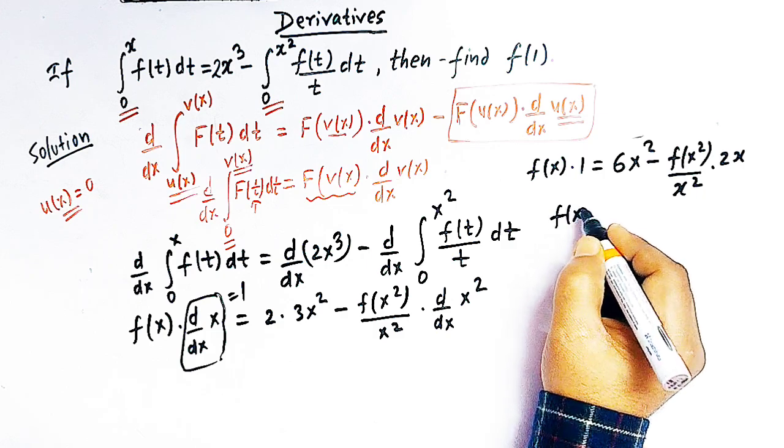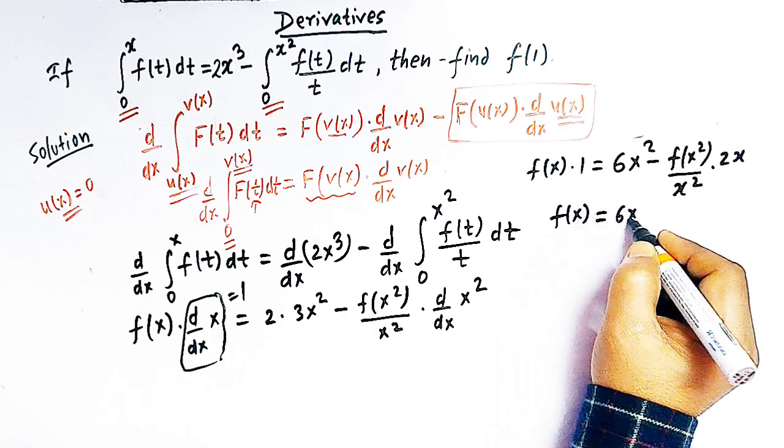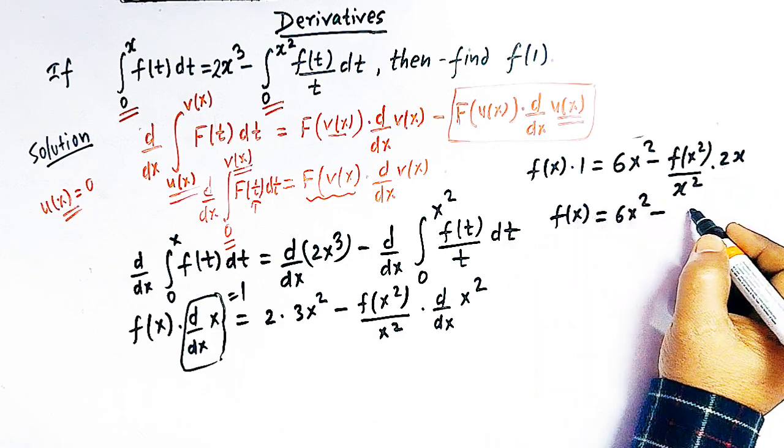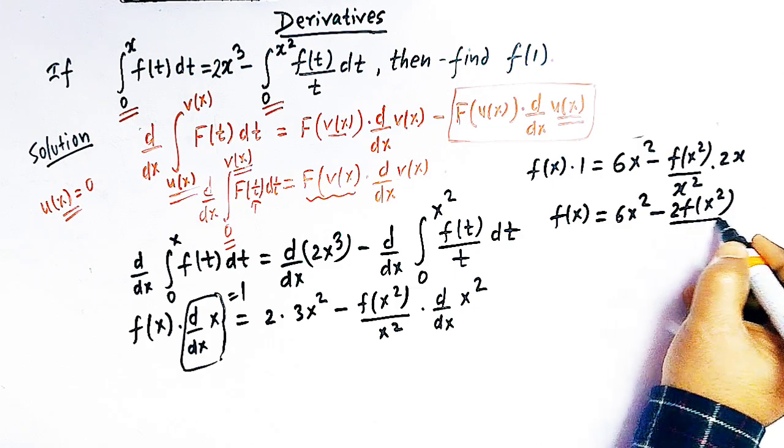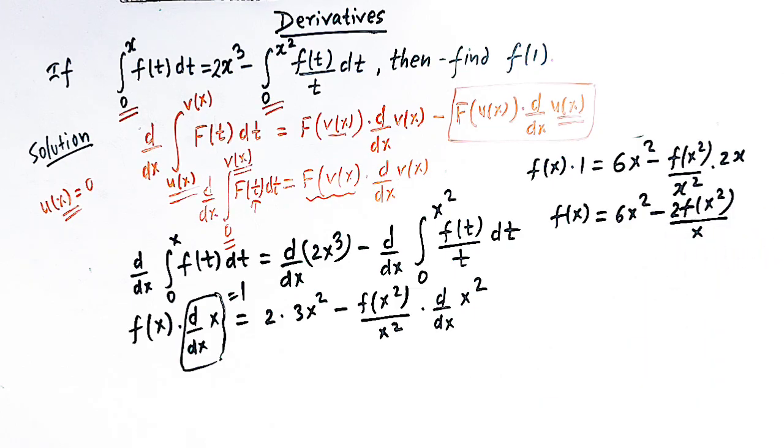So now we can write f(x) equals 6x² minus f(x²) times 2 divided by x.